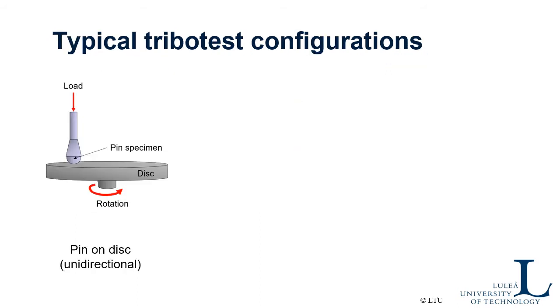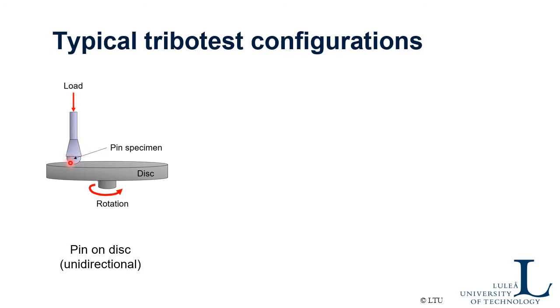Some typical tribotest configurations, which you normally find in a tribotest lab, are the following. The first one here is the pin on disc, and you may have a specimen that has some geometry.